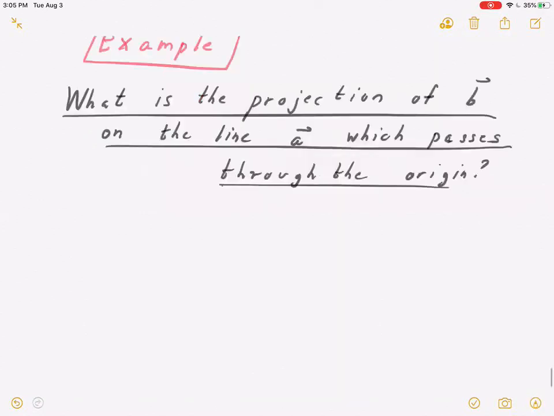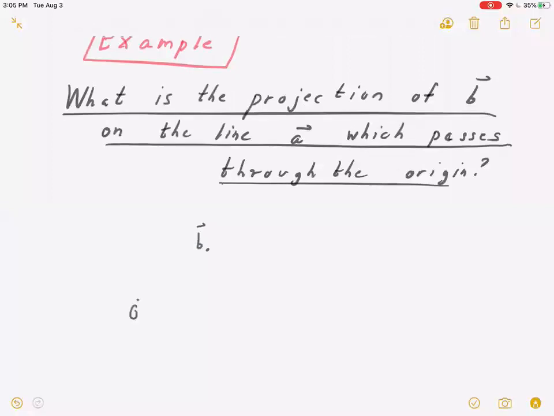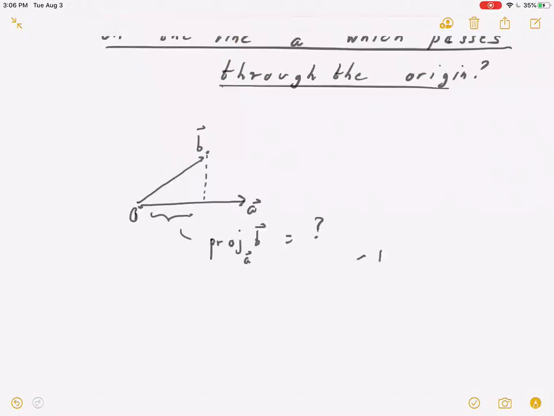So here's some point P, which is a vector. Here's an origin. Here's a vector A. And we want to find the projection of the vector B onto A. Now, you could sit down and take a ruler and measure this.